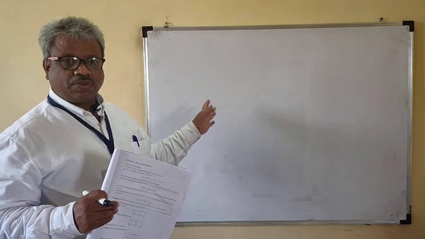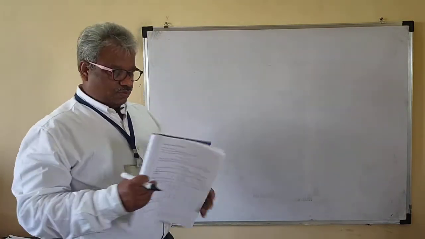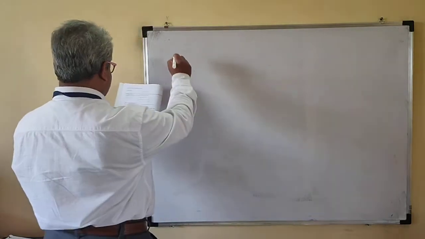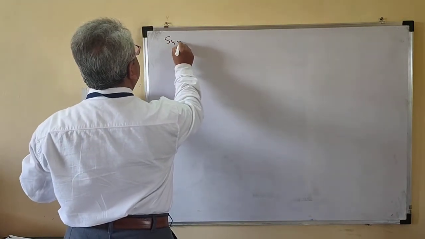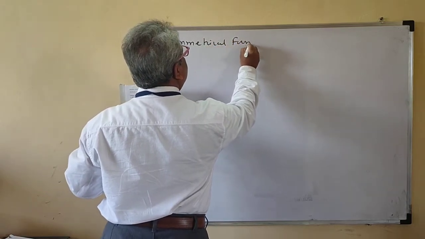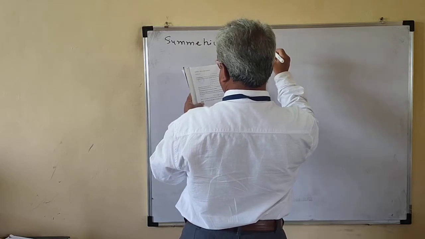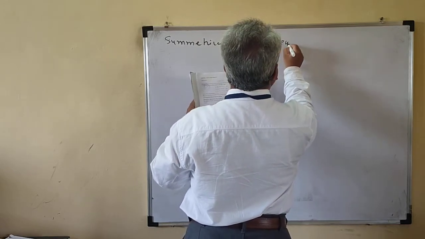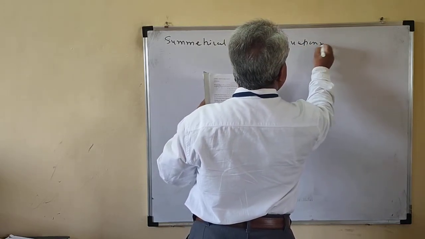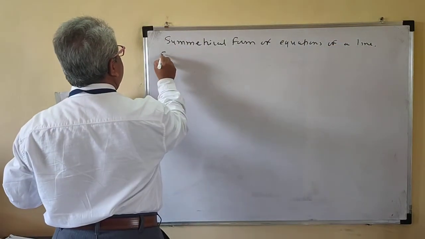Once we get the direction ratios, easily we can find the direction cosines. That is the symmetrical form of equations of a line.